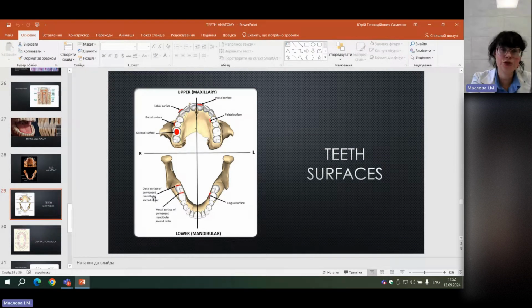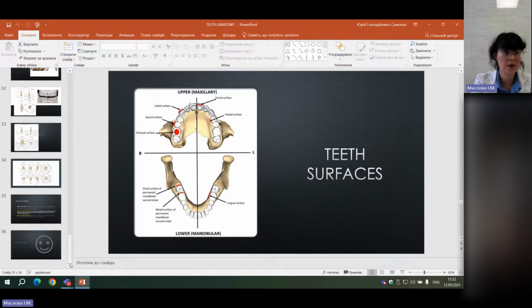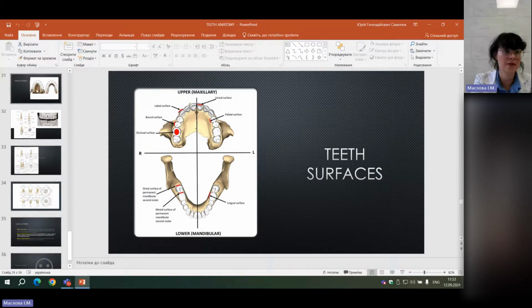Next, each tooth on the upper jaw and on the lower jaw has a distal surface, for example, the distal surface of the mandibular second molar, and each tooth has a mesial surface, for example, the mesial surface of the mandibular second molar. But you have to remember that each tooth has these surfaces.